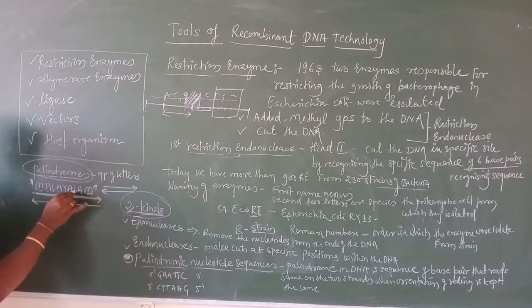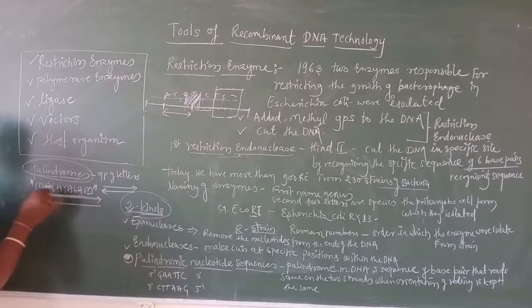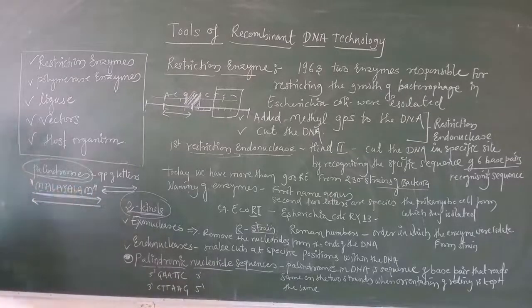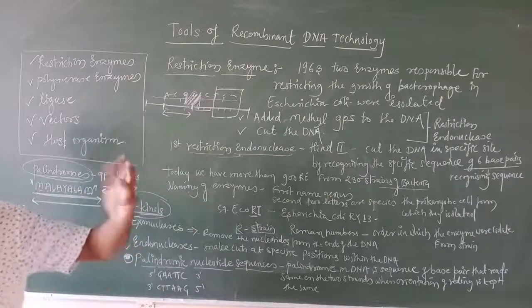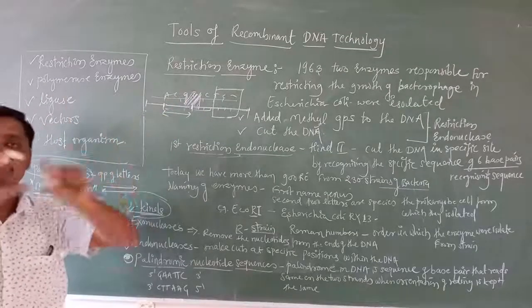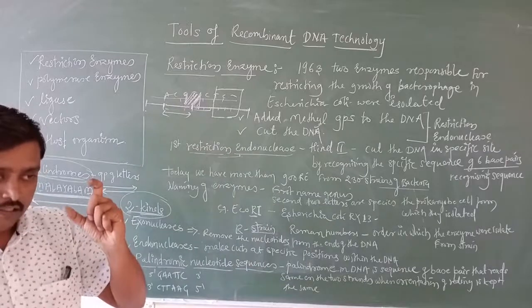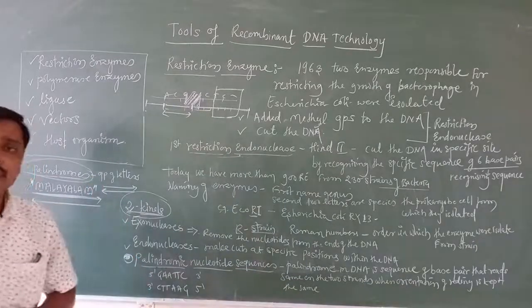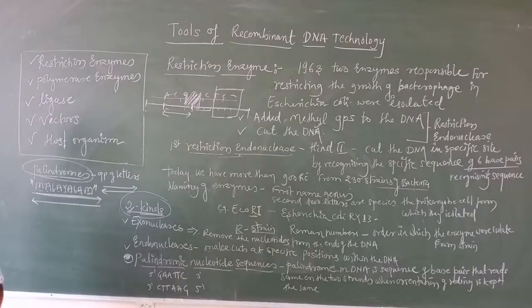On both sides they repeat the similar letters and it gives the similar meaning. That is what a palindrome is. Now, in a similar way, we are going to get a particular sequence in a DNA. There the base pairs are arranged in a palindromic manner.